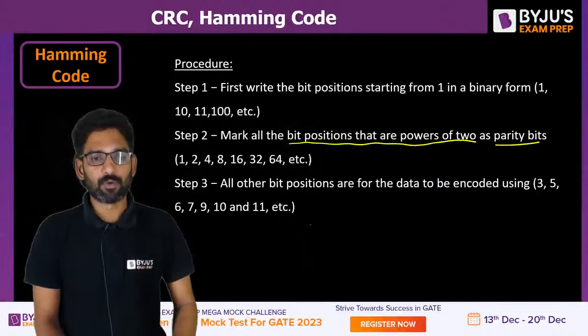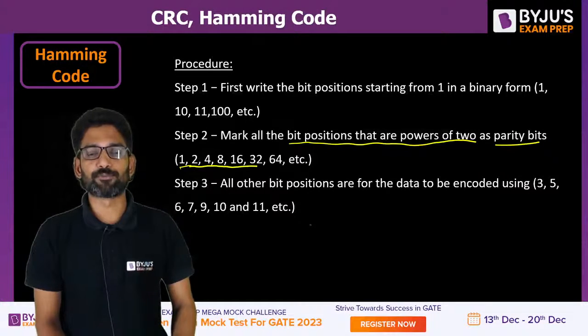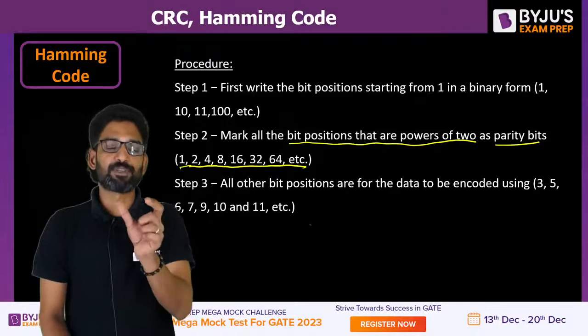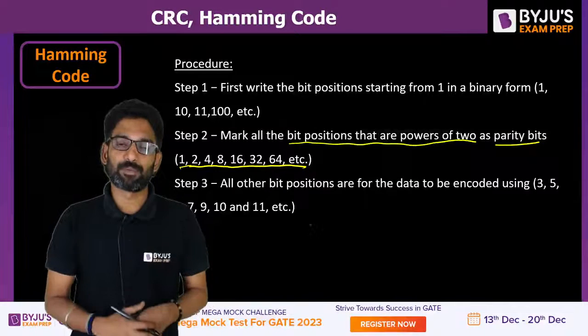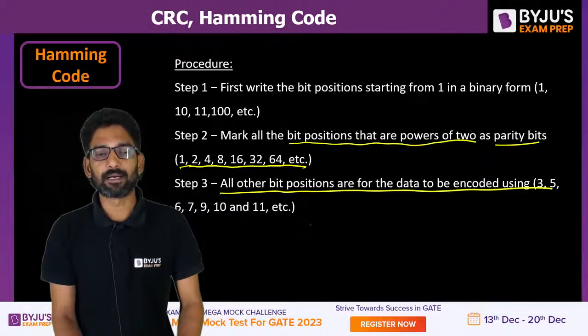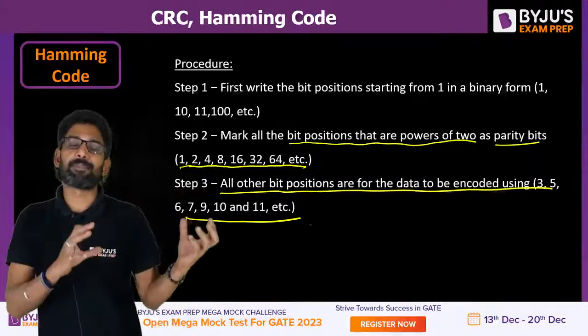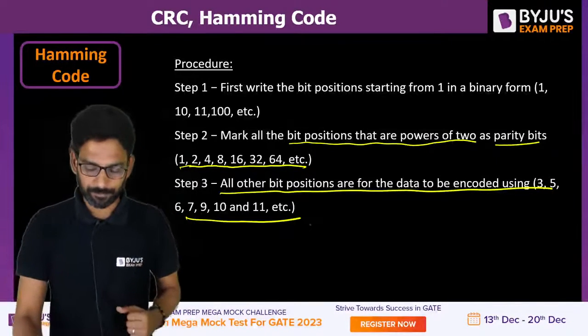That means 1, 2 power 0, 2 power 1, 2 square, 2 cube, 2 power 4, and so on. So these positions are parity bit positions. All the other bit positions are data bit positions. So we have to arrange data bits and parity bits first.